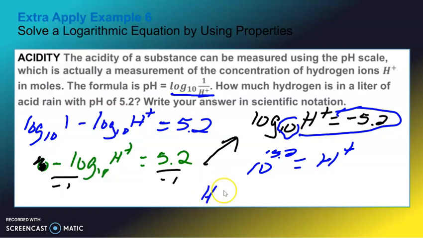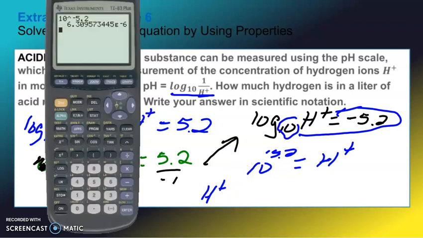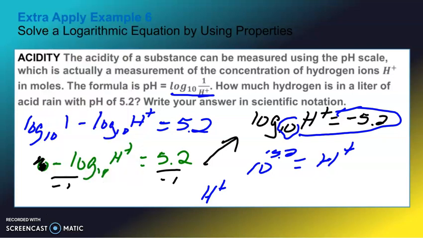So H+, and we're going to round it to 1 decimal place, would be 6.3 times 10 to the -6th power, which means it's a really, really small number. But that's how you can solve this word problem using the properties of logarithms.